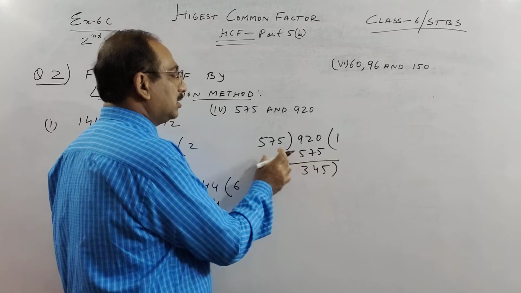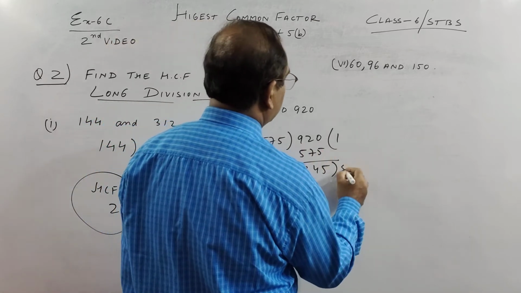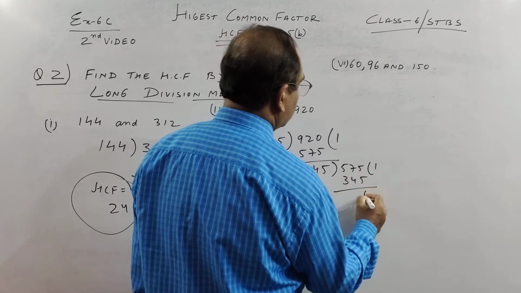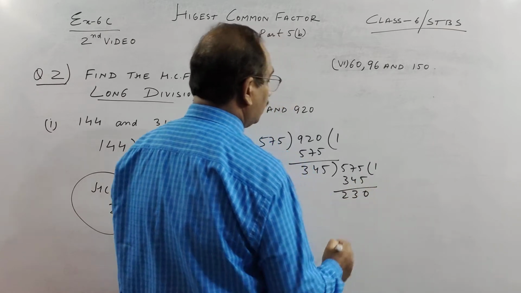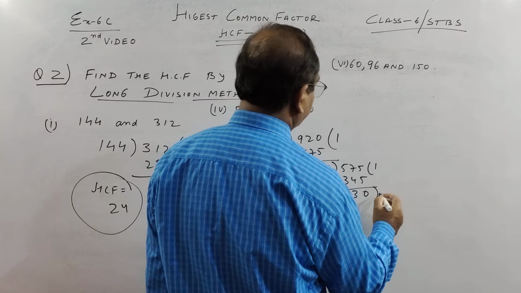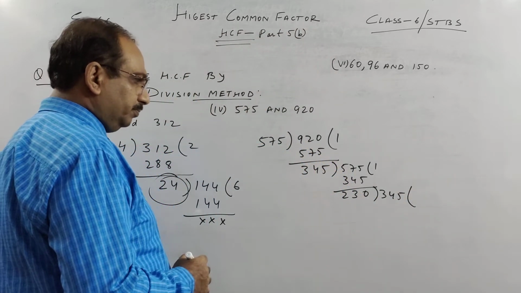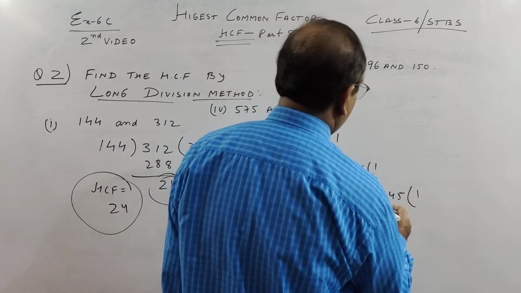The remainder in step 1, we divide the smaller number. Again it will go one time, children. If you subtract, this will give you 230.